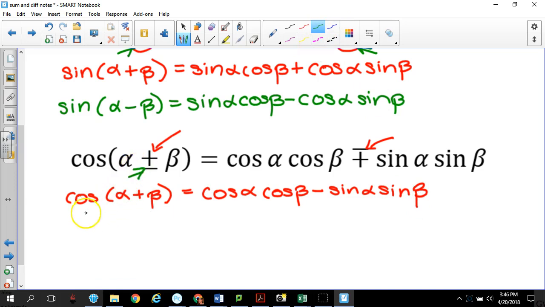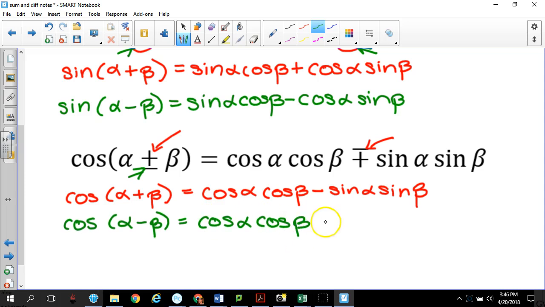Likewise, on the bottom I have subtraction, so cosine of alpha minus beta equals cosine alpha cosine beta plus, because that's what's on the bottom here, sine alpha sine beta. Okay? So those are your four equations.